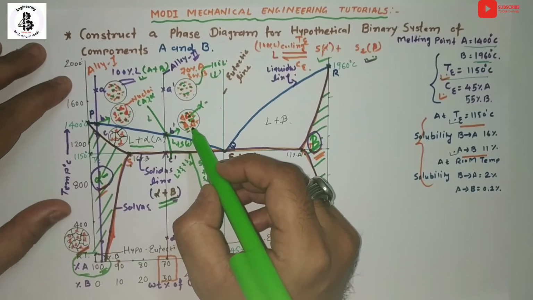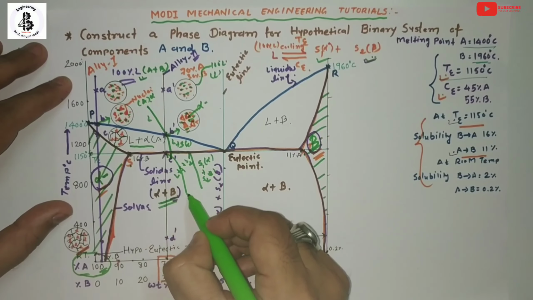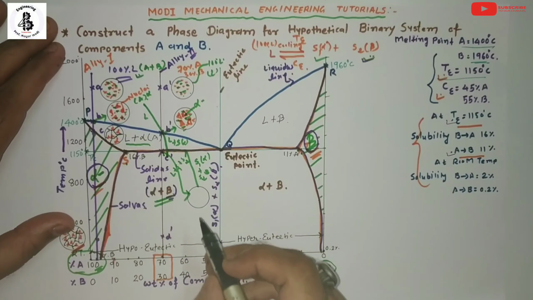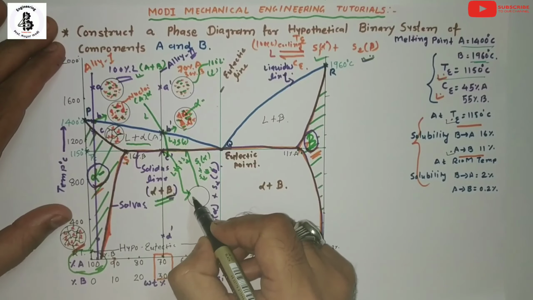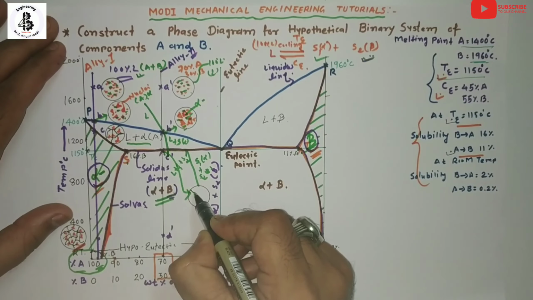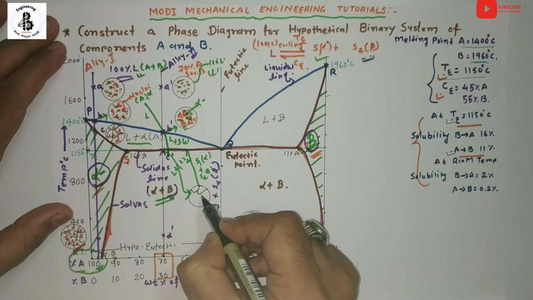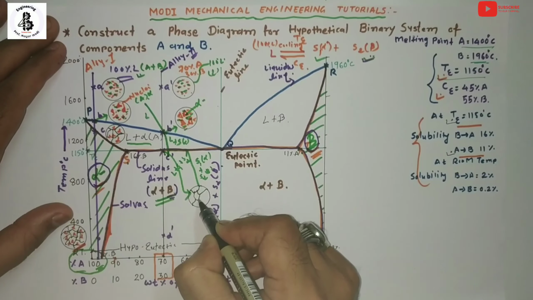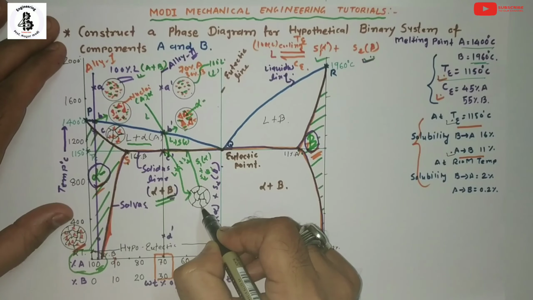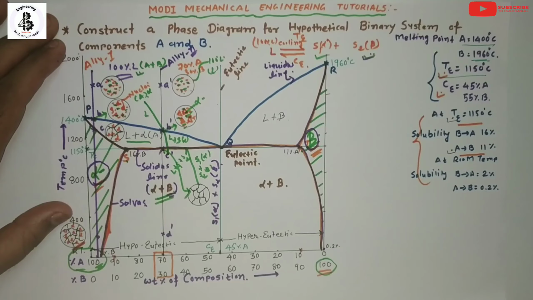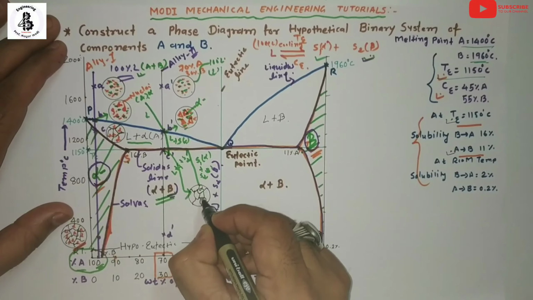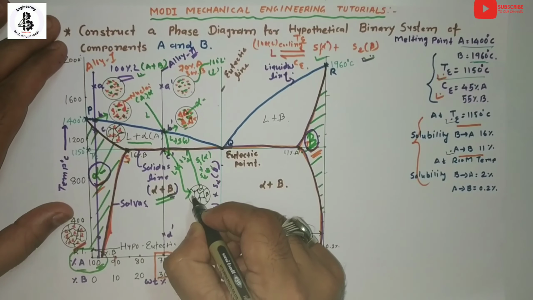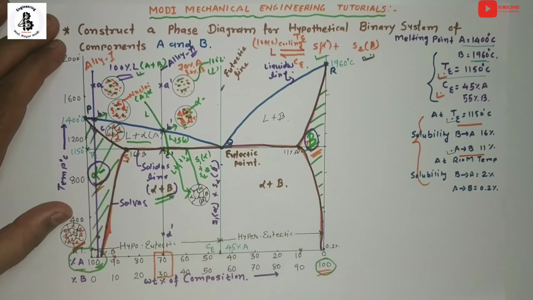Now at C dash point, just below the eutectic temperature line, it completes the solidification process. It makes two different solids, alpha and beta.